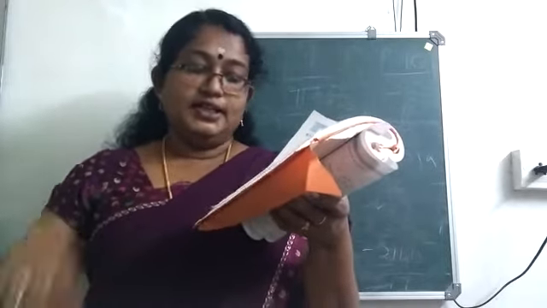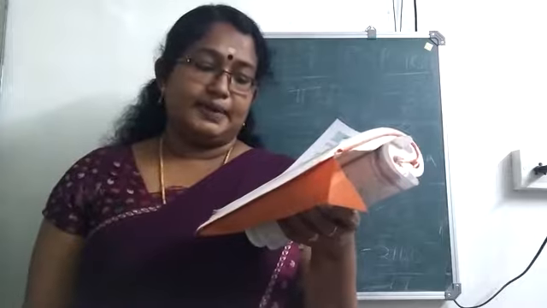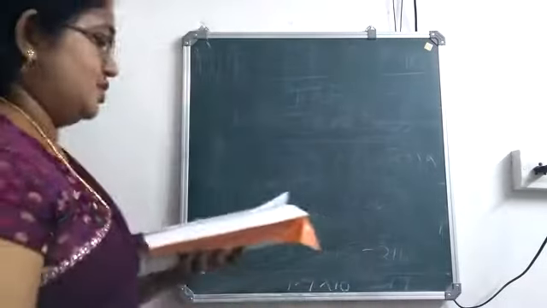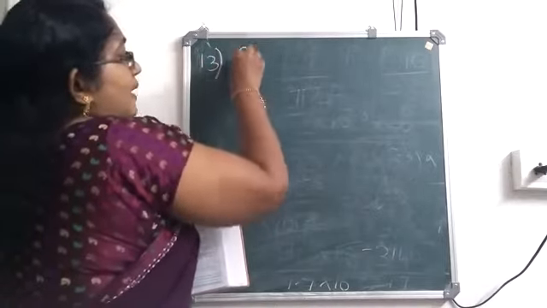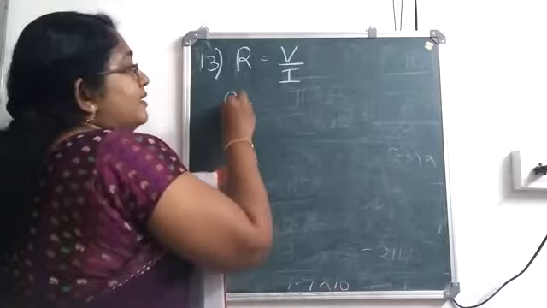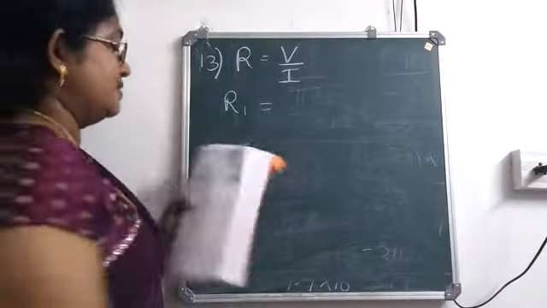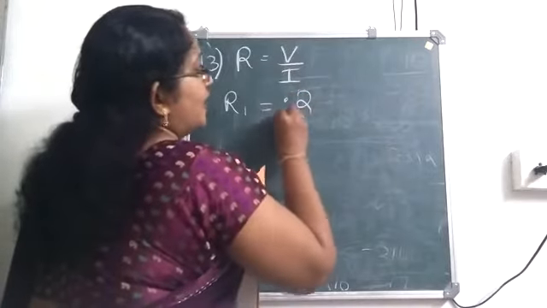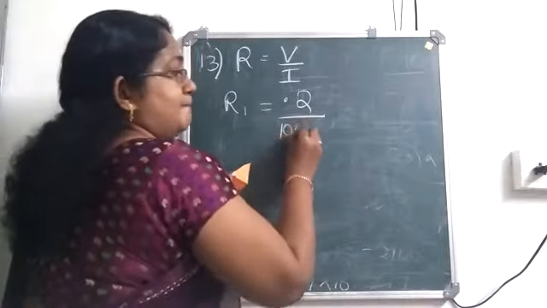When the potential difference becomes 1 volt, current becomes 400 milliampere. Calculate the resistance. So, what is the equation for resistance? R is equal to V by I. Now, in the first case, what is the potential difference given? It is given as 0.2. What about the current? 100 milliampere is given.